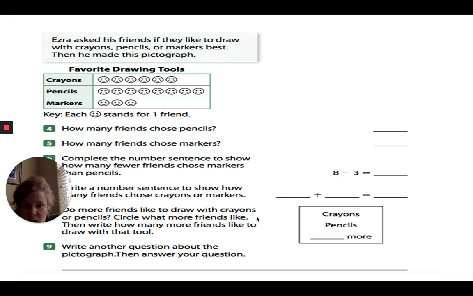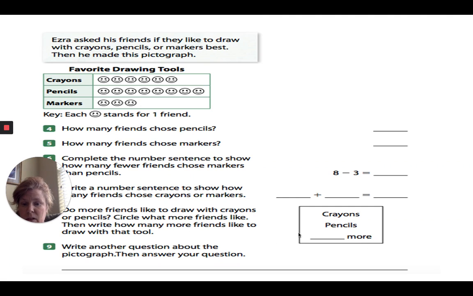This one right here, do more friends like to draw crayons or pencils? Look how many crayons, look how many pencils you have, and decide whether more friends like to draw with crayons or pencils. Circle what more friends like, then write how many more friends like to draw with that tool. So you're going to subtract those 2 to find out this answer.